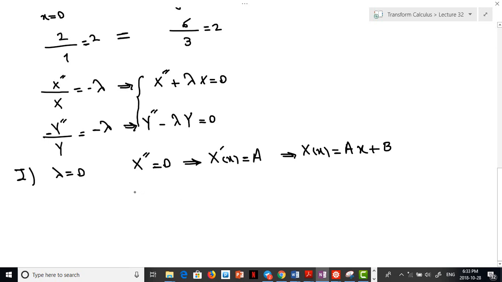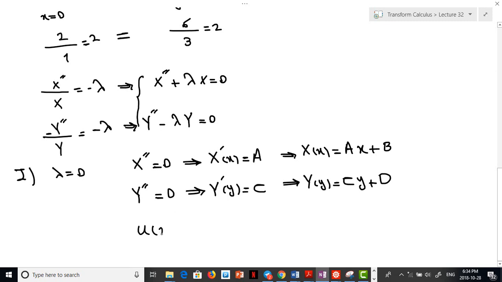For the y, we have y double prime equal to 0. As a result, y prime of y is equal to one constant. I call it c, for example. As a result, y of y is a linear function, so it's cy plus another constant, which is d. So we could find x and y.